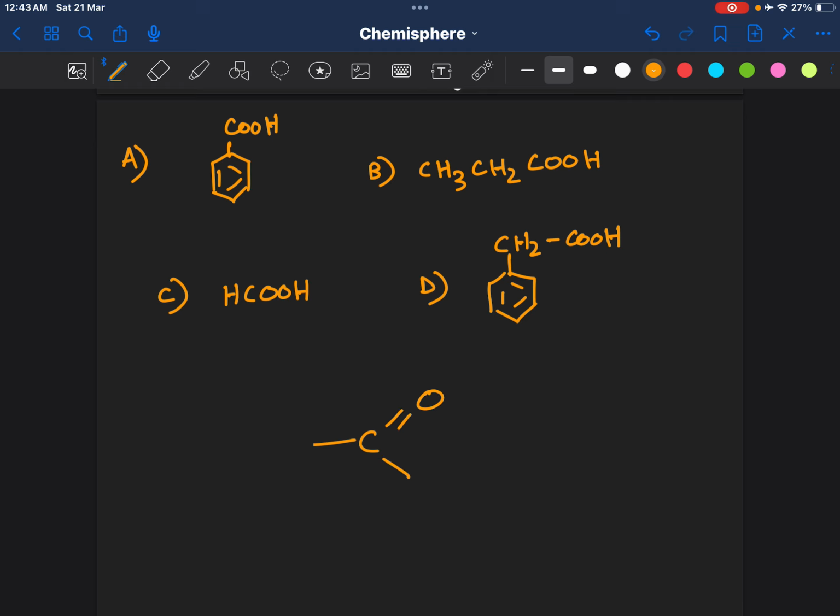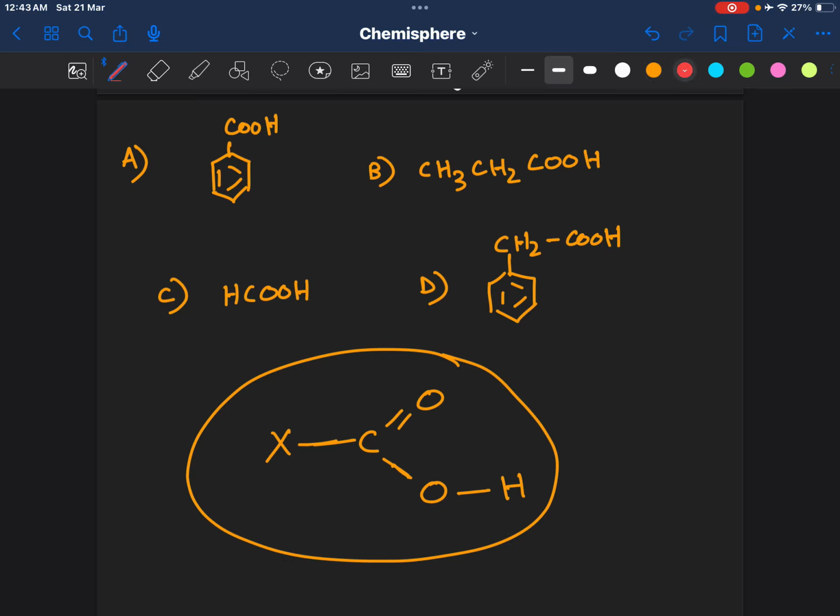I can represent them like this, and let's say we have a group here, which I'm representing as X. If we want this carboxylic acid to be acidic, we want this group to pull these electrons, so that oxygen becomes devoid of electrons. Since we are pulling these electrons, this oxygen will get a positive charge, because of which it will try to gain these electrons towards itself, and hence we can lose this hydrogen easily. So therefore we want X to be an electron withdrawing group.